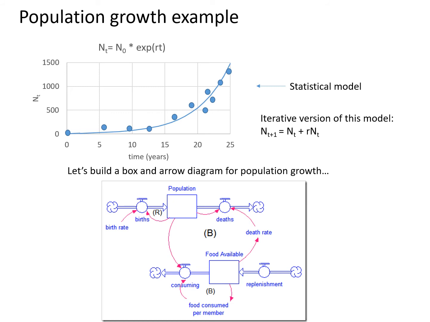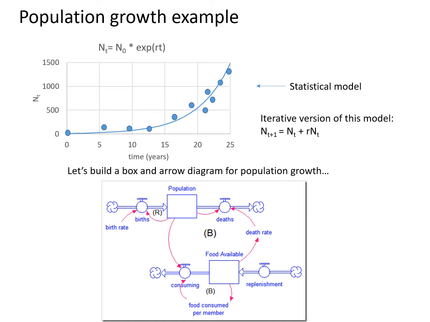So then if we look at that bottom line there, what do we have? We have, starting from the right, okay, because the arrows are pointing the other way, some source of food for this population that's going into the food available state variable, and that is just at a constant rate.